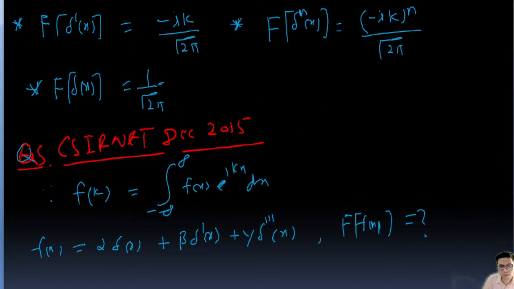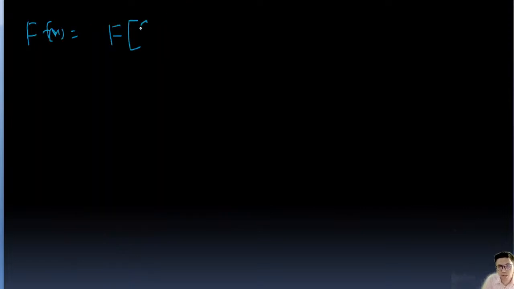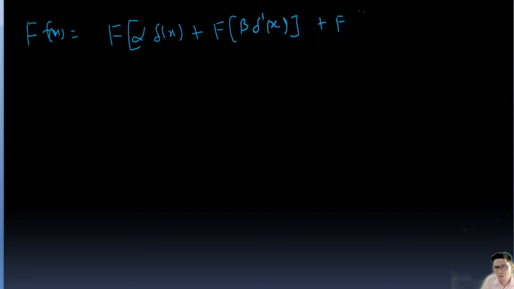So f(x) is given, so the Fourier transform of f(x) is going to be the Fourier transform of alpha delta x plus the Fourier transform of beta delta dash x plus the Fourier transform of gamma delta triple dash x.